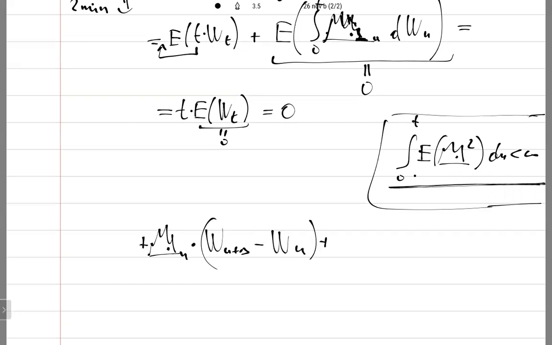So you multiply the integrand by a small increment. And this is independent of the integrand because the integrand is adapted to some filtration.